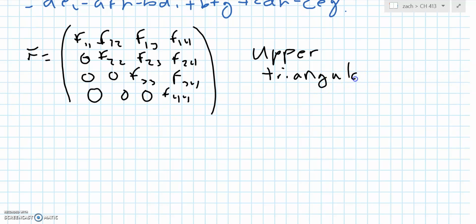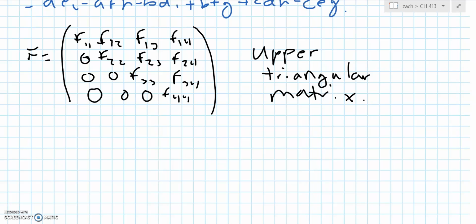Again, this probably isn't the most useful for this, but if the matrix is in this form, which often enough it probably won't be, the upper triangular matrix, there's a theorem that says the determinant is just the multiplication of the things on the diagonal.